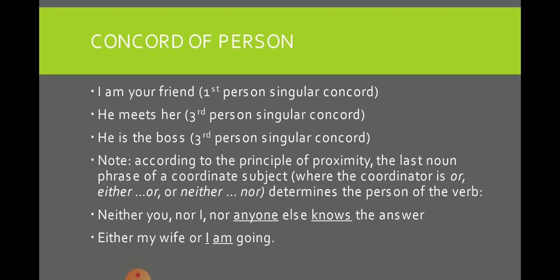The answer is two types of concord: the concord of number, since we have a singular subject and a singular verb, and also the concord of person. We have a third person subject and a third person verb.